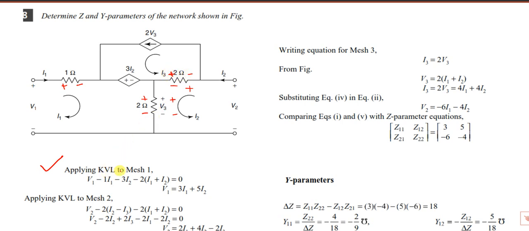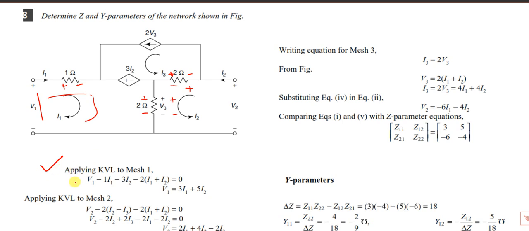Okay, let us write KVL for mesh 1. This V1, this voltage will be equal to the sum of these. V1 is equal to 1 into I1 plus 3I2 plus 2 into (I1 plus I2).